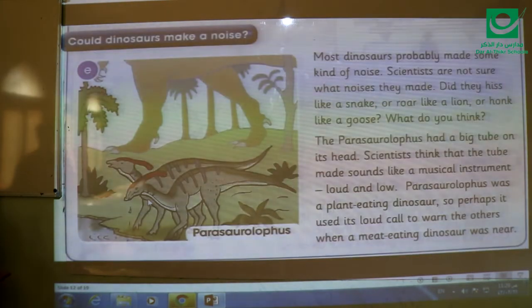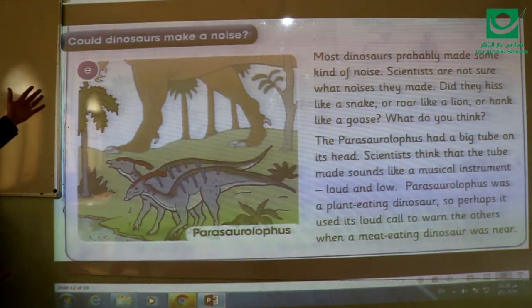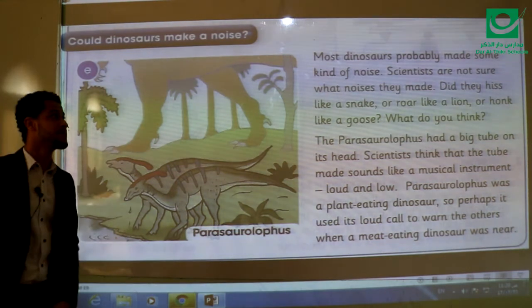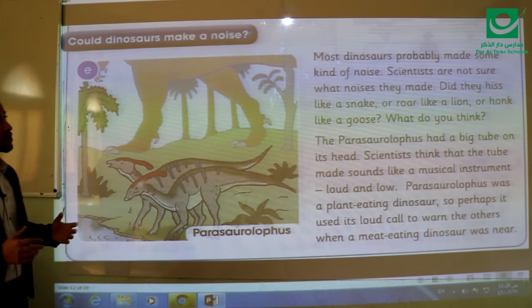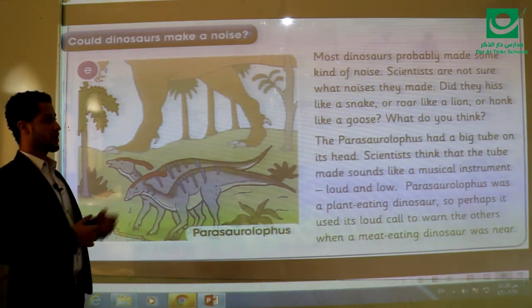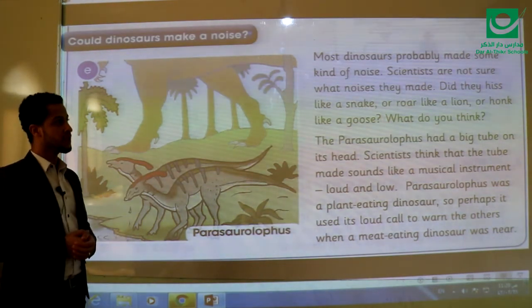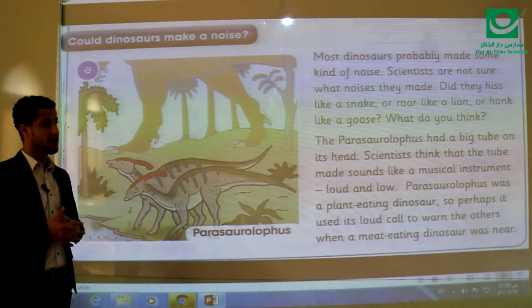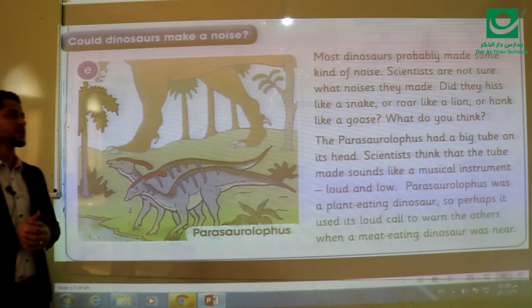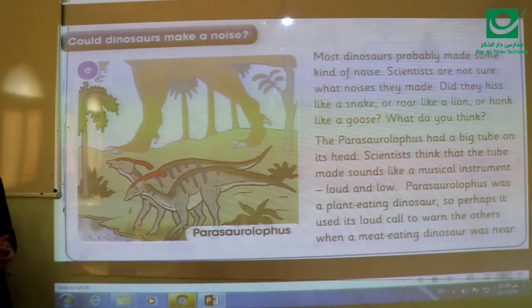Okay. Now, as you see in picture letter E, Parasaurolophus, this is another kind of dinosaur. So let's read this. Could dinosaurs make a noise? Most dinosaurs probably made some kind of noise or sound. Scientists are not sure what noises they made. Did they hiss like a snake? Or roar like a lion? Or honk like a goose? What do you think?